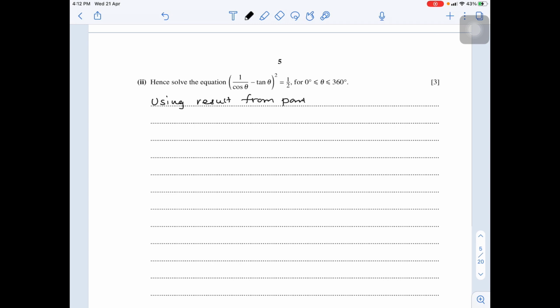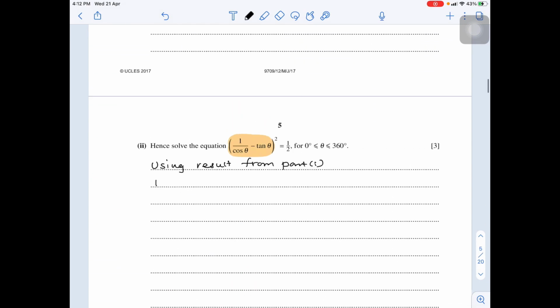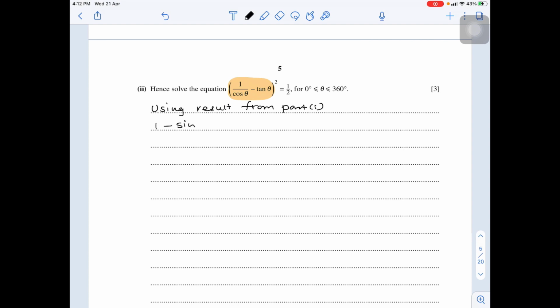Using the results from part 1, I can write in place of that 1 over cos theta minus tan theta squared, 1 minus sin theta over 1 plus sin theta. Remember, whenever they say hence, that means you have to use the previous result. So which is half. I'm cross multiplying.